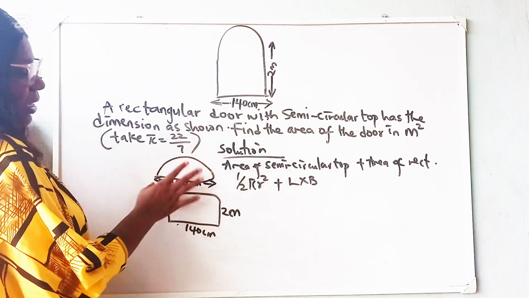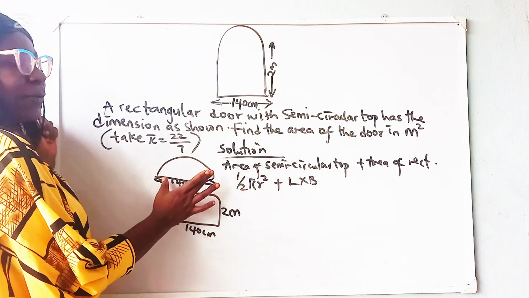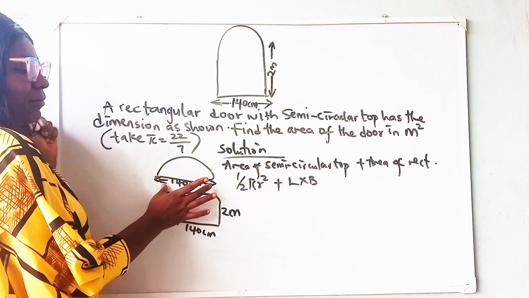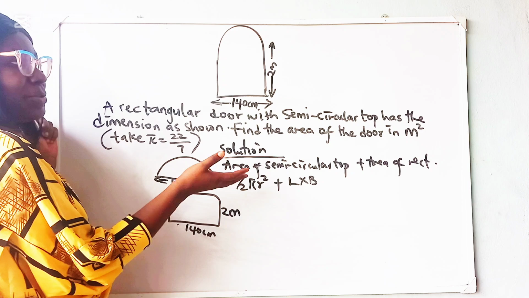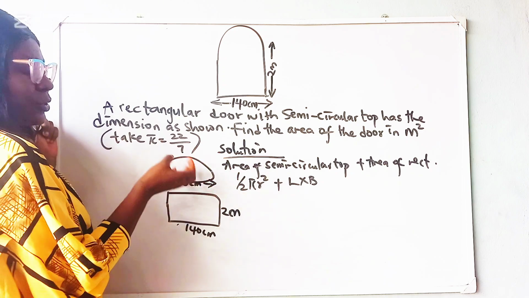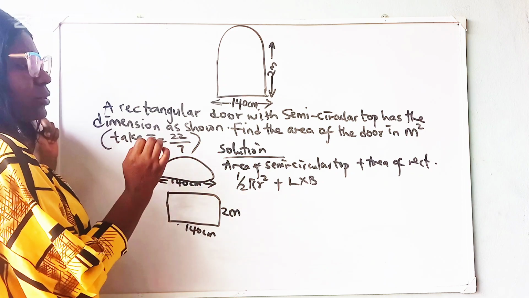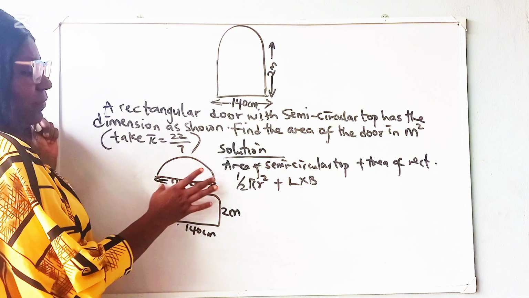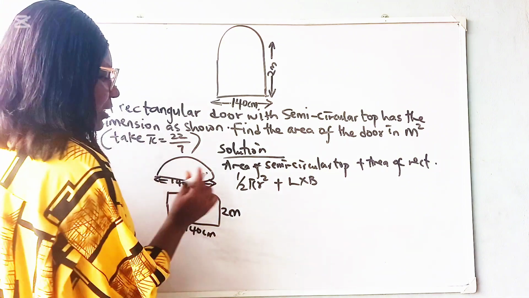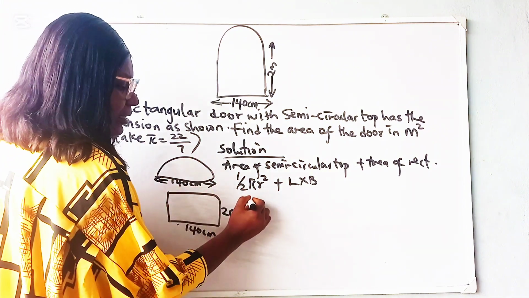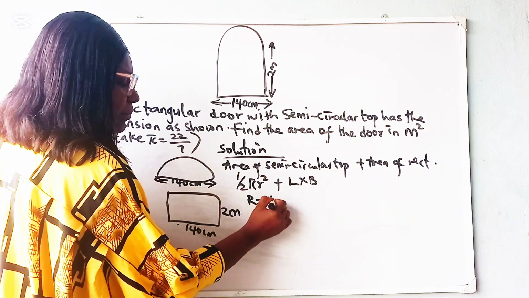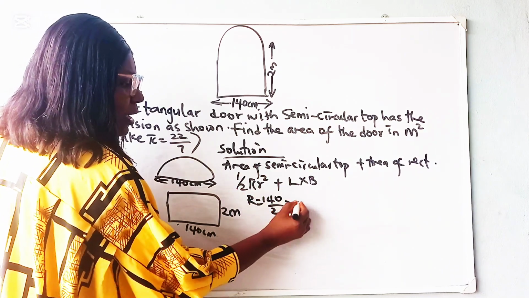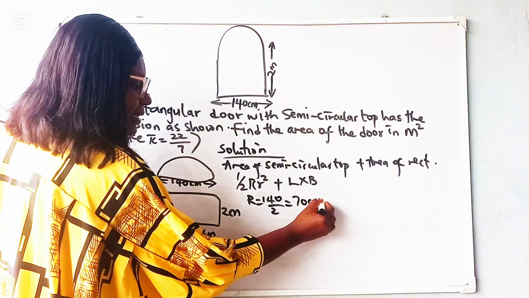Looking at the diagram, if you know your circle very well, this is a diameter, but in our formula we are seeing radius. So how do you get the radius when you're given the diameter? You divide the diameter by 2. So this 140 divided by 2 gives us 70 centimeter.